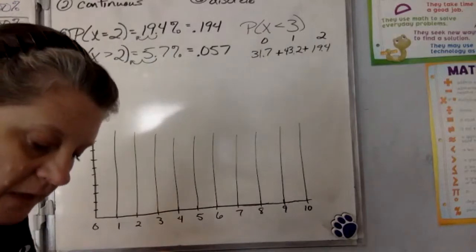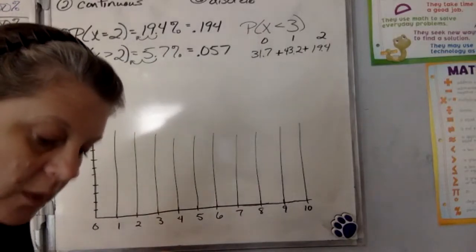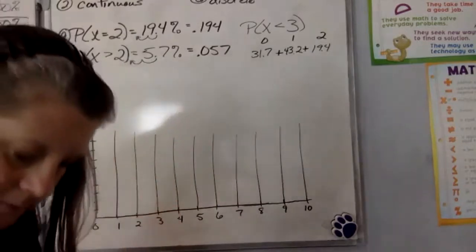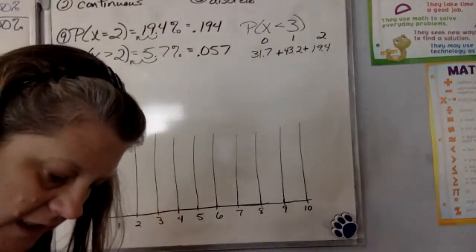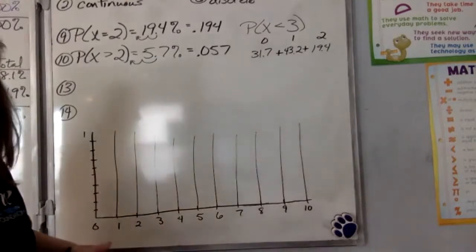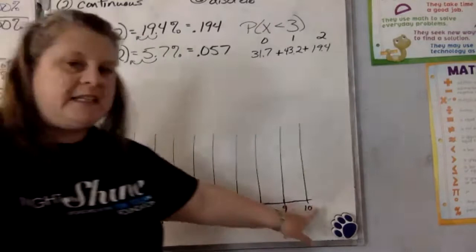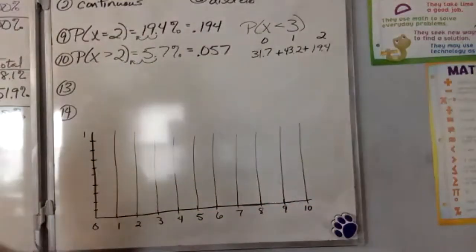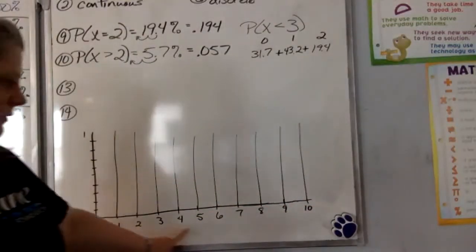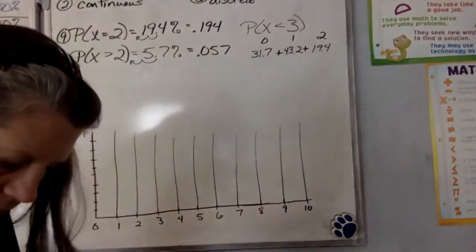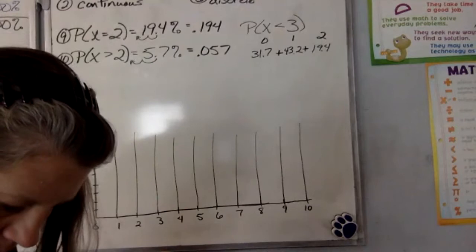It says a spinner is numbered at equal intervals. So that means all sections of it are the same size, from 0 to 10. You'll notice I drew my little graph up here already that goes from 0 to 10 across the bottom. So I have 0, 1, 2, 3, 4, 5, 6, 7, 8, 9, 10, representing each section of the spinner.